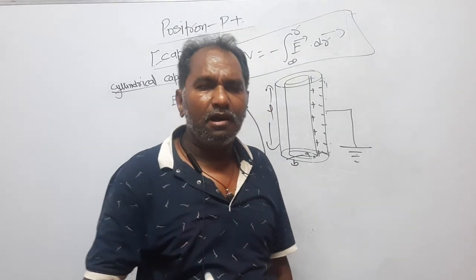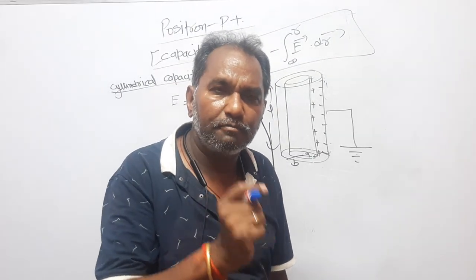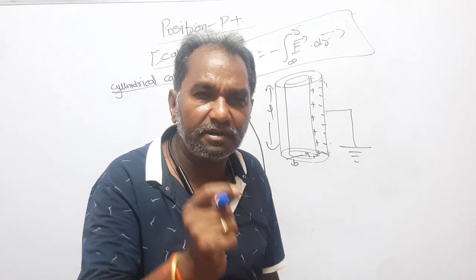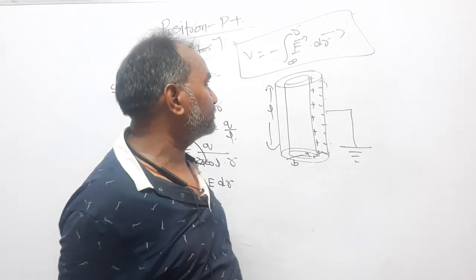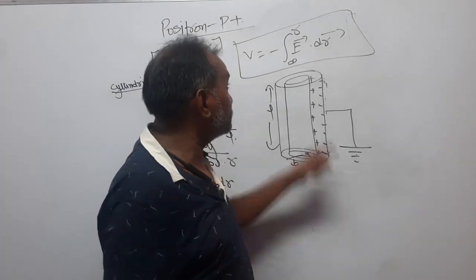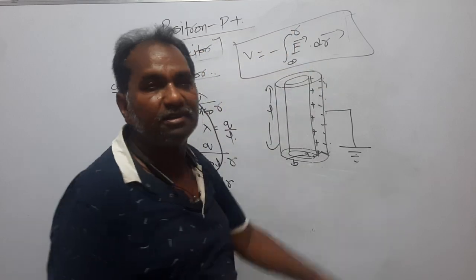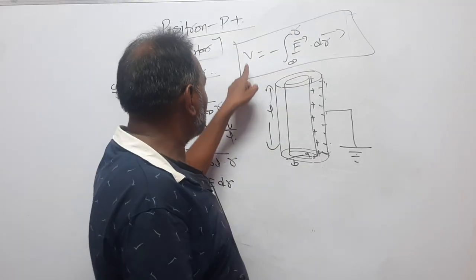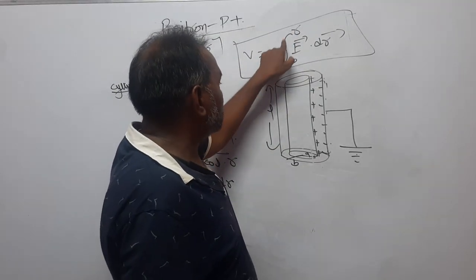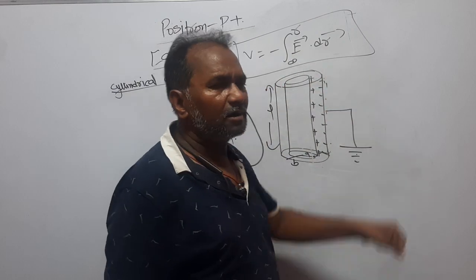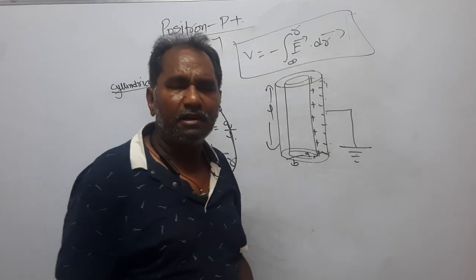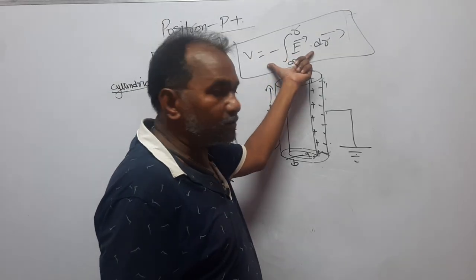Why is it so? Electric potential at a point is defined as the work done in bringing a unit positive test charge from infinity to that point in the field. Why is the electric potential defined in terms of this?